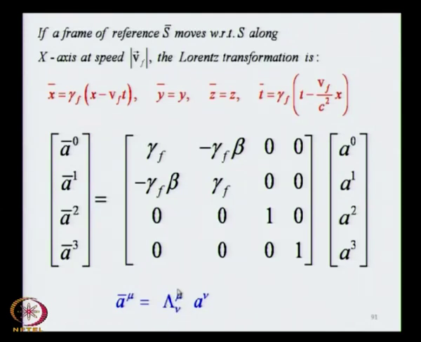This is the uppercase lambda and this is the transformation matrix, and you can go from one frame, the normal frame without the bar, to the corresponding parameters in the other frame which has got a bar, or the primed frame if you like. So, on the left hand side I could have used a mu prime instead of a bar mu. It is the same thing.